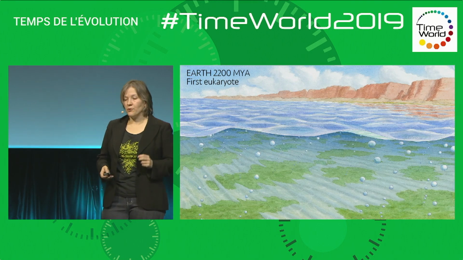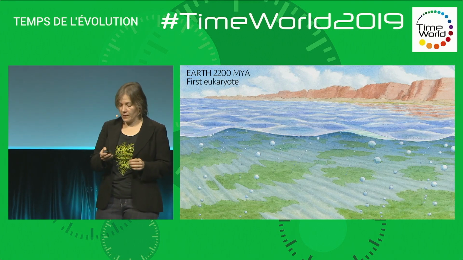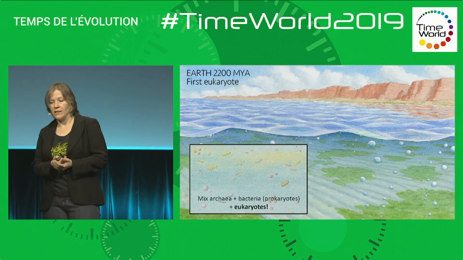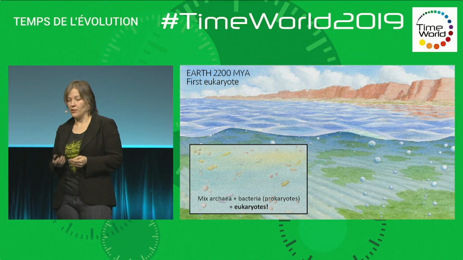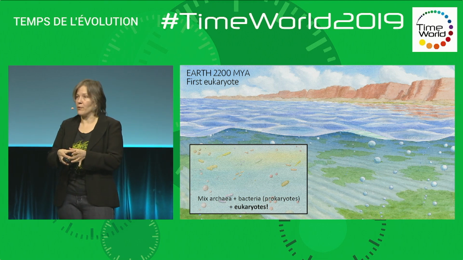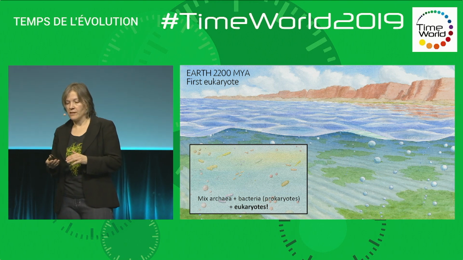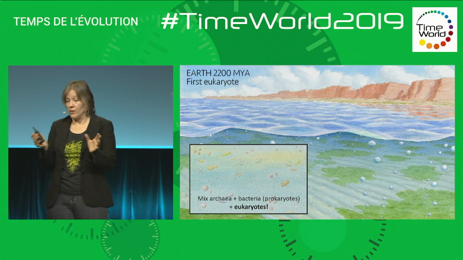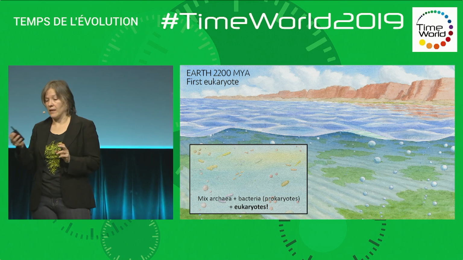So we go 200 million years further towards the past, and that is when we see our first eukaryotes. And eukaryotes are cells that have a nucleus with a membrane around it. Before that time, the organisms that we found in our oceans were two different groups, archaea and bacteria.